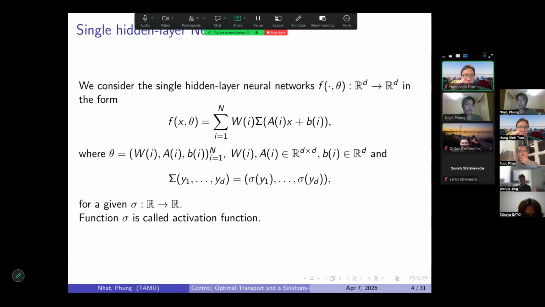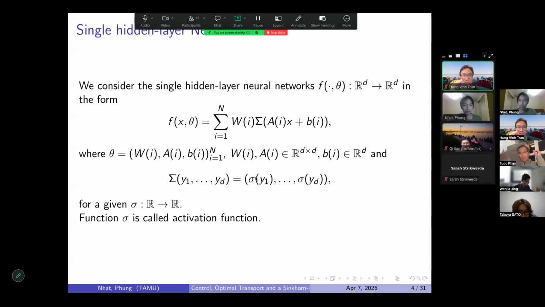We want the activation to be nonlinear because it improves how the function can approximate many other functions. If we only have linear functions, no matter what we do, the result is still linear and cannot approximate other functions well. So we do need sigma to be nonlinear.